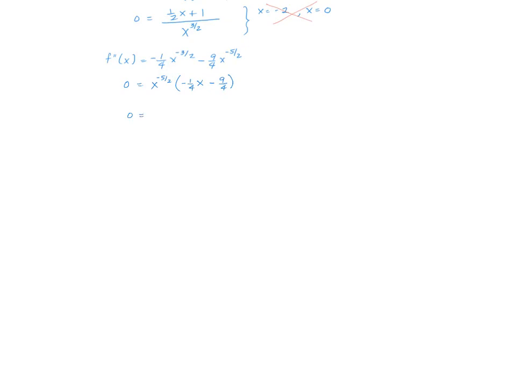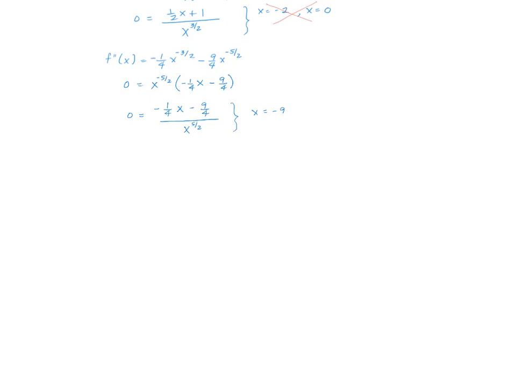I'm going to do what I did before. I'm going to drop the x to the negative 5/2 into the denominator. So I have negative 1/4 x minus 9/4, all of this over x to the positive 5/2. So now it's easier for me to see that the only way this numerator is going to equal 0 is if x is equal to negative 9.